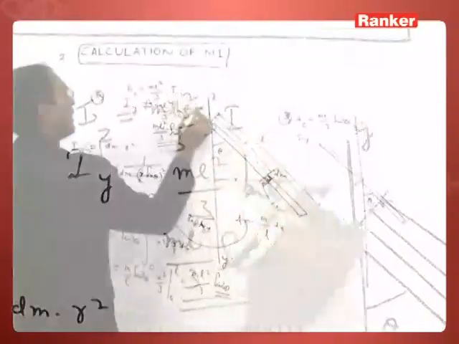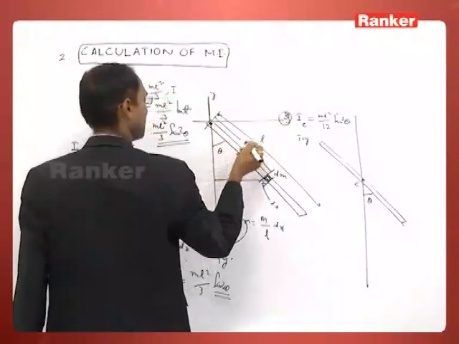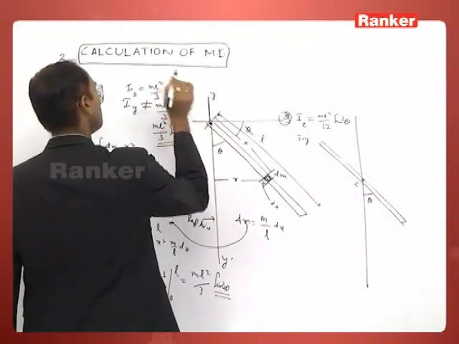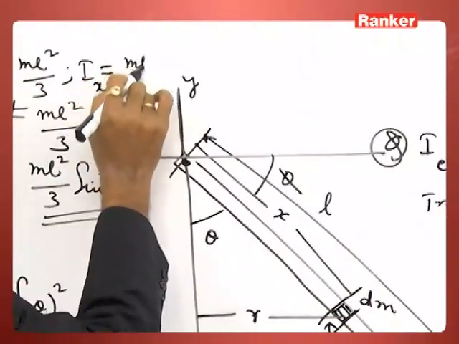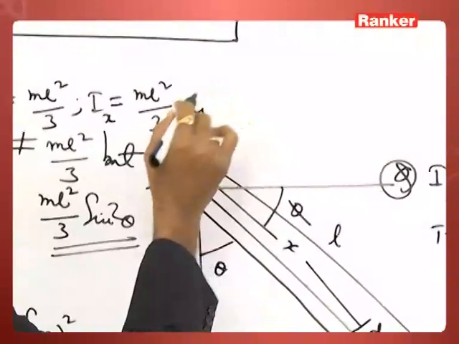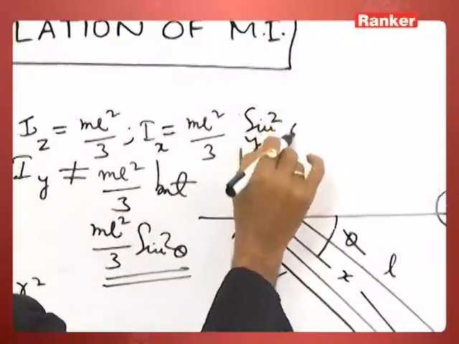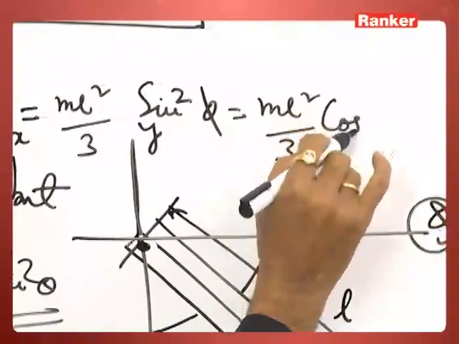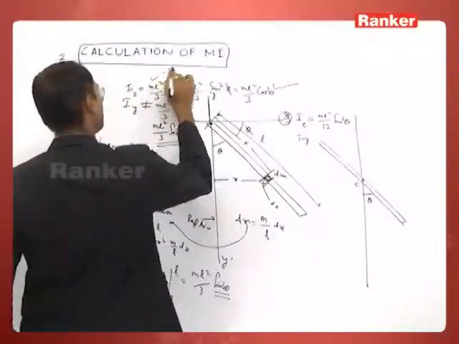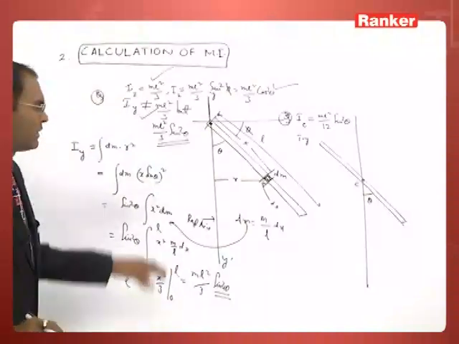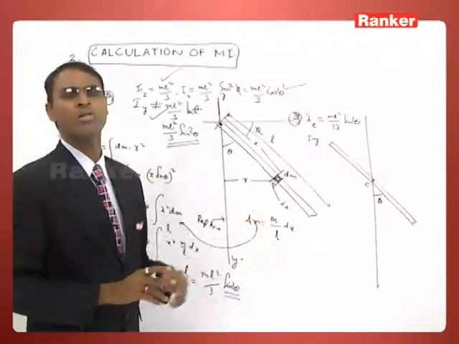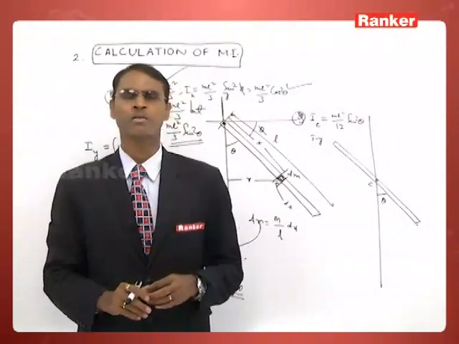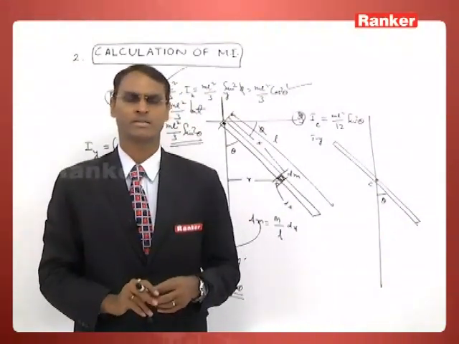And about the x-axis, where the angle will be phi, it will be equal to ML square by 3 sin square phi, or it will be cos square theta. So about 3 different axes, the moment of inertia of the same rod will be different. Therefore, the moment of inertia depends upon the reference axis.